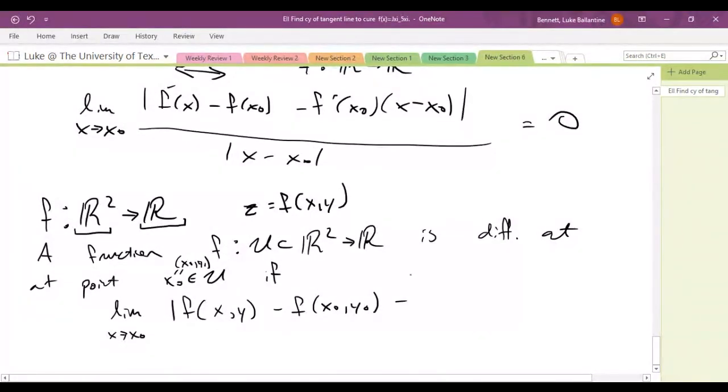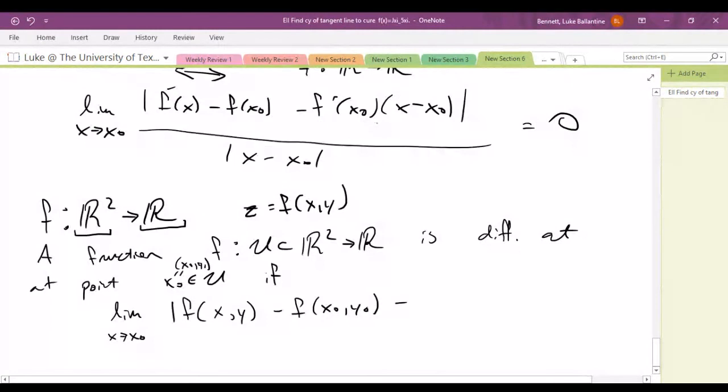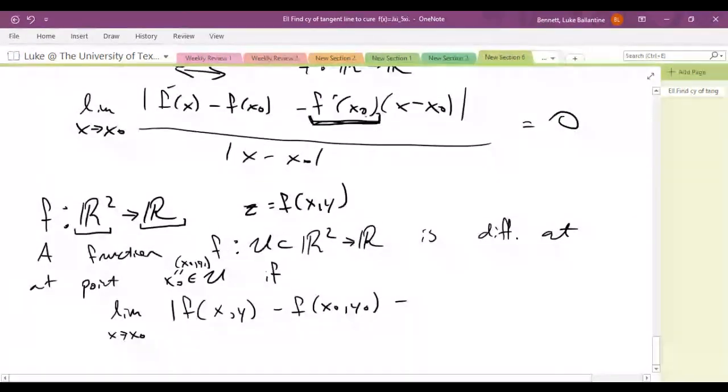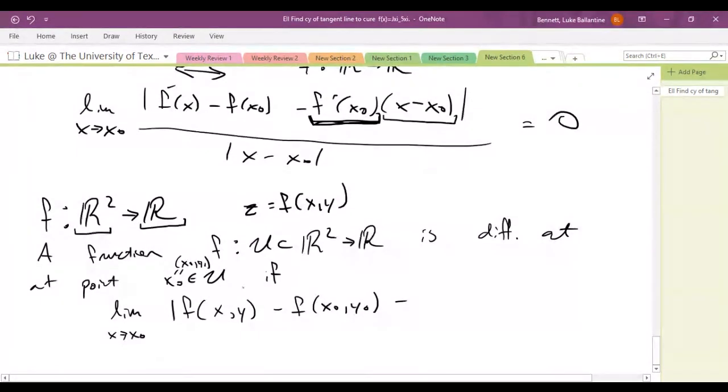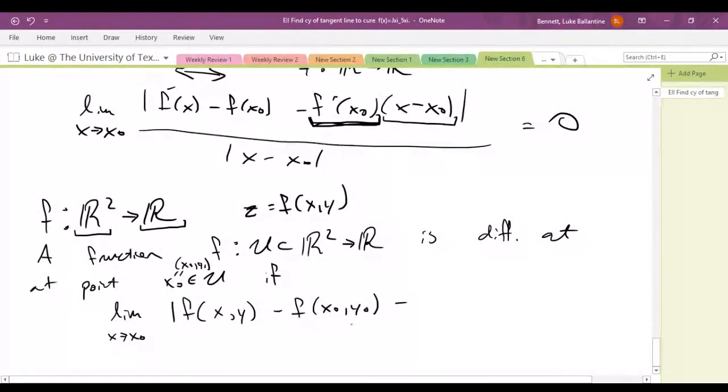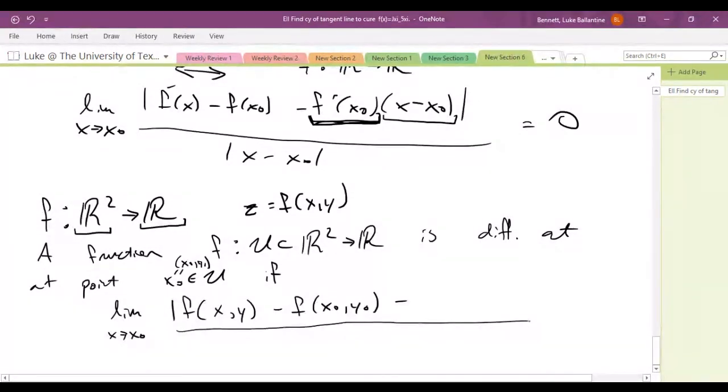We have minus, well, what did we have up here? We had the derivative, which was a number. But this time our x minus x naught is really a column matrix, because we have the two inputs.